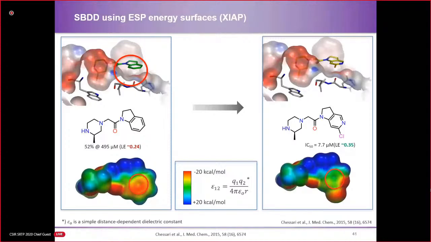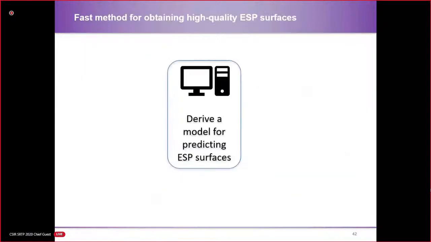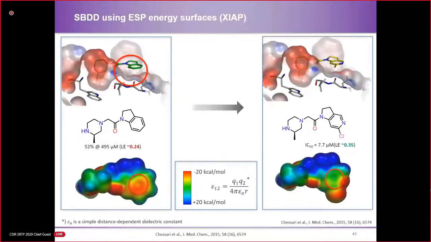That's the problem. So if you want to try 100,000 molecules, you can't run every molecule for a few hours and get these images back, because that will take lots of time or a huge amount of computing power on your data center or computing center. So what you can do is learn a deep learning model which can generate these surfaces for you in a fraction of a second.